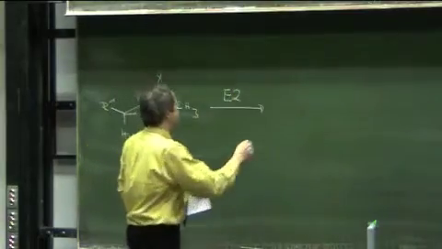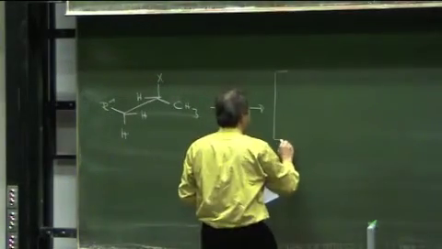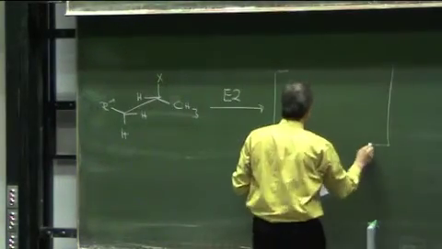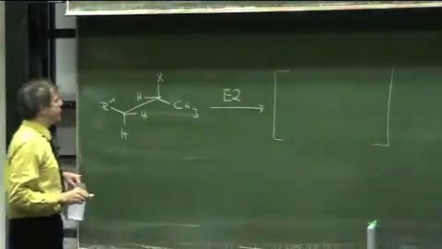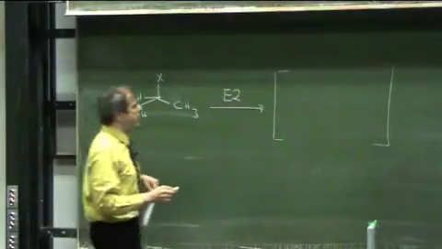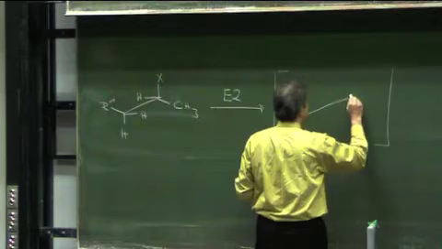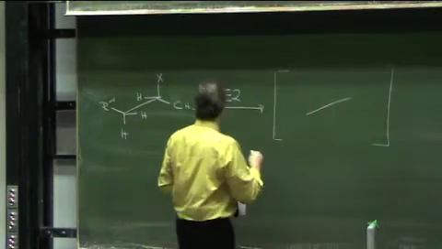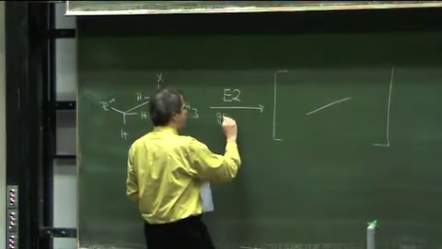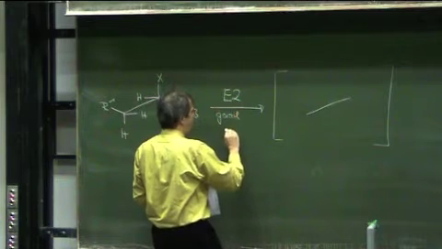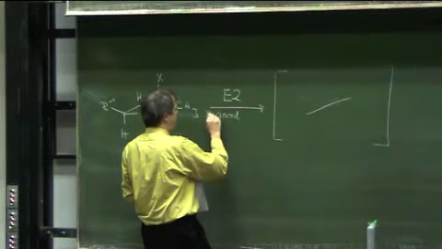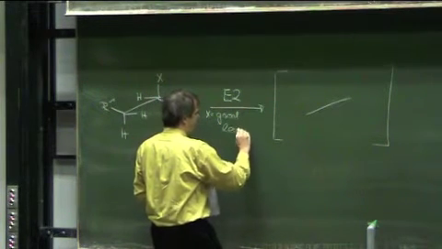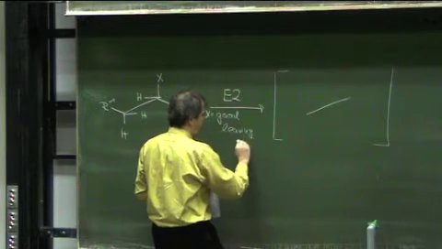And so in the E2 process, the base is involved in the transition state, but we have last time distinguished between two scenarios, and the scenarios is, again, the question, X, is it a good leaving group?